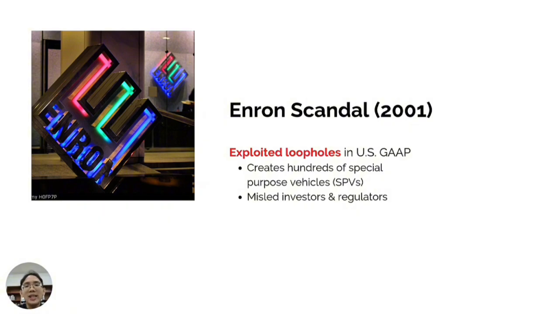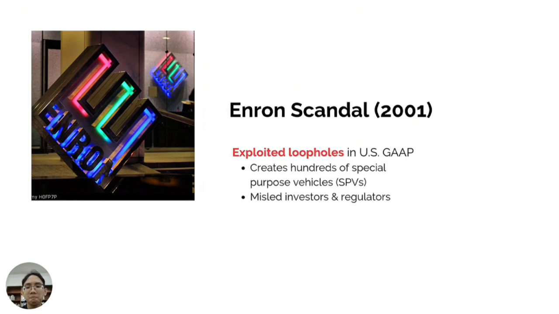This violated the principle of faithful representation as the financial statements prepared did not show the company's true financial health. And this misled investors and regulators into believing the company still had strong liquidity.